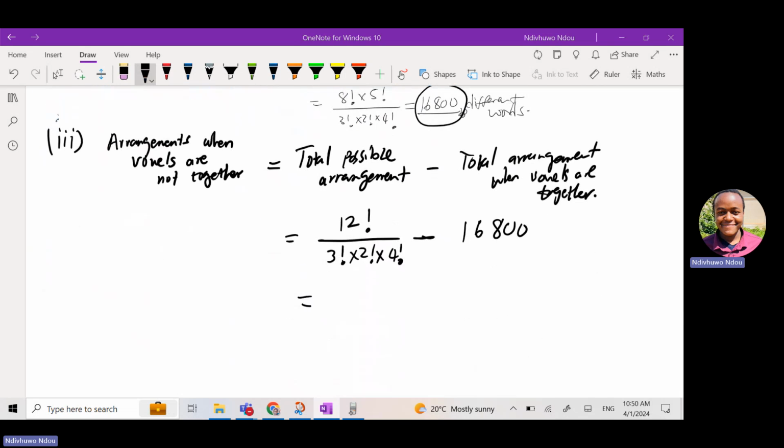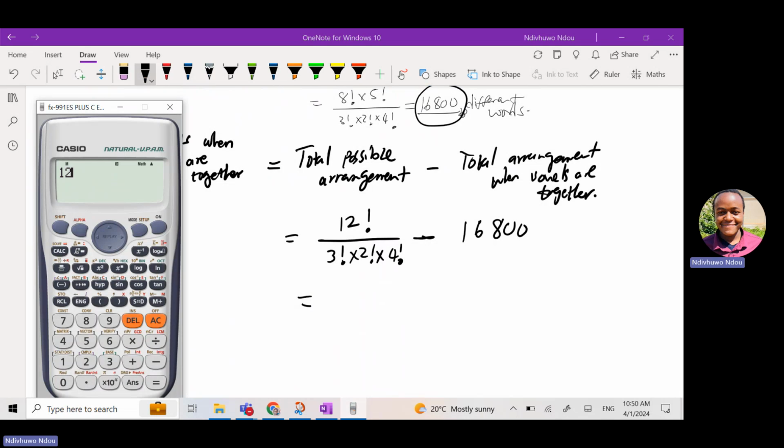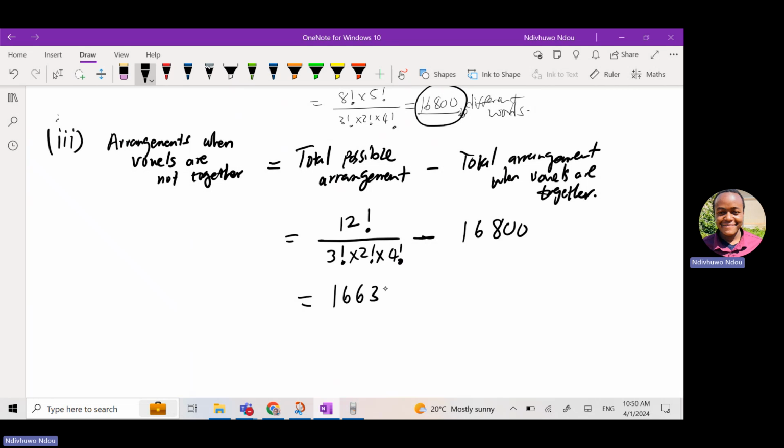So we can just go on our calculator. We get 12 factorial over 3 factorial times 2 factorial times 4 factorial. Then we get, this is a lot, 1,663,200. 1,663,200 minus 16,800.